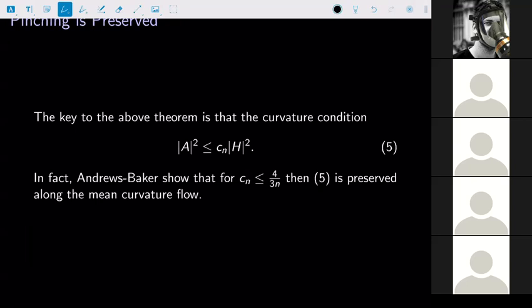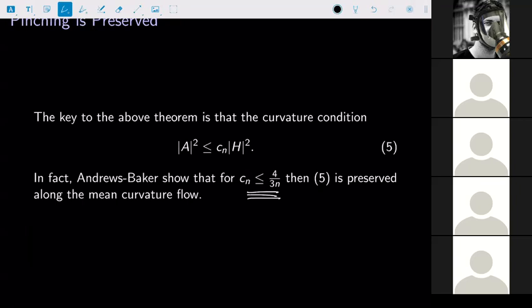And actually what they proved is a little bit more: if |A|² is less than c_n H², where this c_n can be less than 4/(3n), so it is not just less than 1/(n−1), then this curvature condition is actually preserved along the mean curvature flow.